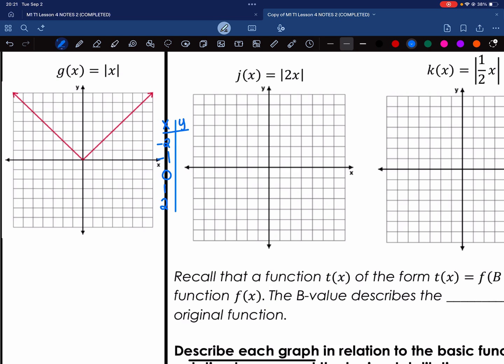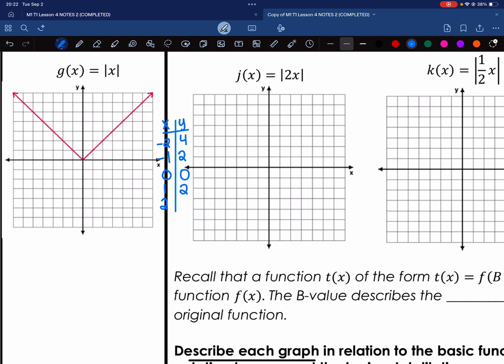So negative 2. 2 times negative 2 is negative 4. The absolute value of negative 4 is 4. Negative 1. 2 times negative 1 is negative 2. The absolute value of negative 2 is 2. 0. 2 times 0 is 0. The absolute value of 0 is 0. When you plug in 1, 2 times 1 is 2, and the absolute value of 2 is 2.